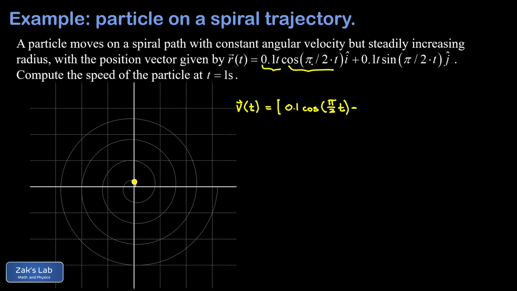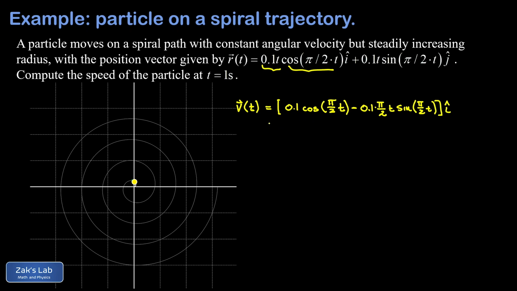And I do have to use the chain rule on the cosine of pi over 2t, so that produces a factor of pi over 2. So I end up with a 0.1 times pi over 2 times t, again that function was left alone, times the sine of pi over 2t, and that's all the coefficient of i hat.